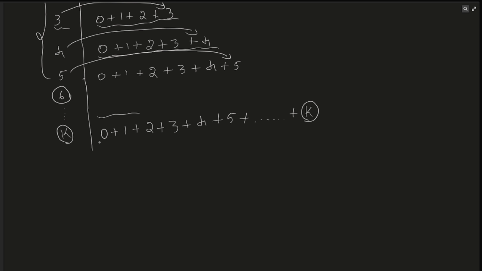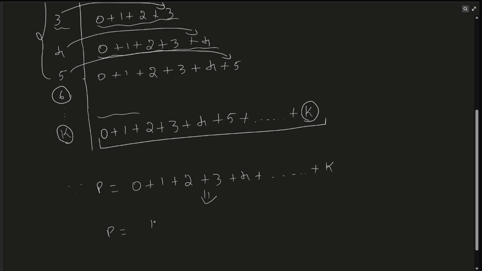Now, out of this, can't you identify the formula? We have seen it in our previous video, right? This is nothing but the sum of n natural numbers. Hence, P equals 0 plus 1 plus 2 plus 3 plus 4 plus until k, and this can be written as P equals k into k plus 1 by 2.